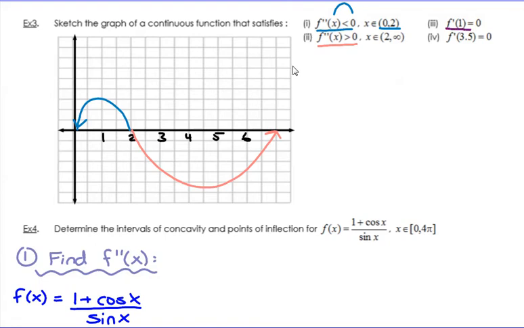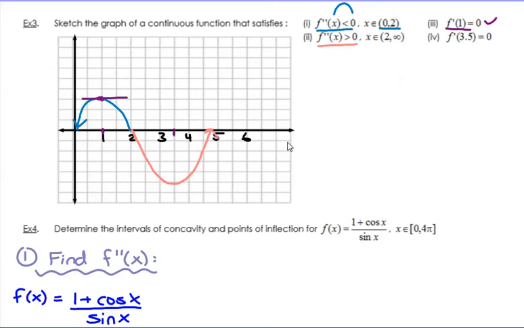Well, rather, at 1, you're going to get your peak, which has a slope of 0. Okay, so that's what this is saying. You have a slope of 0 at 1. You also have a slope of 0 at 3.5. I did not draw that right. So why don't we get rid of this? We'll redraw it. And at 3.5, we'll get some sort of a peak. So something like that.